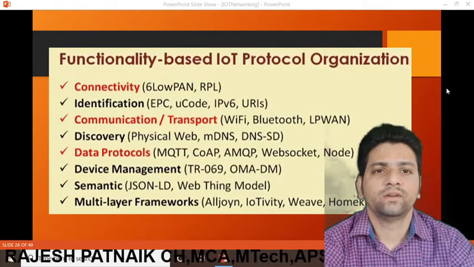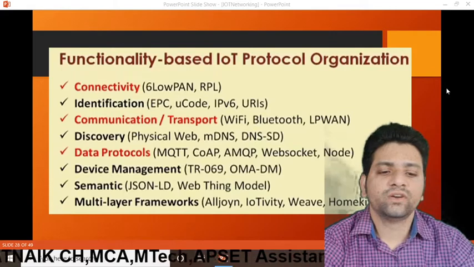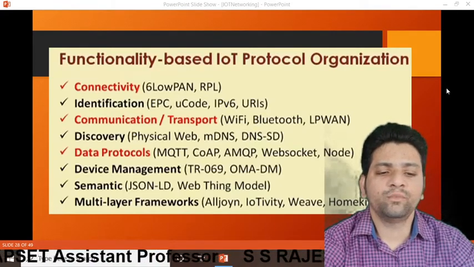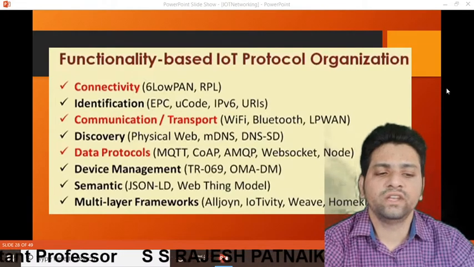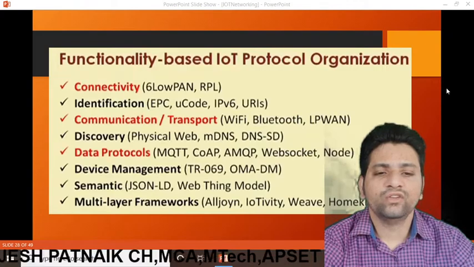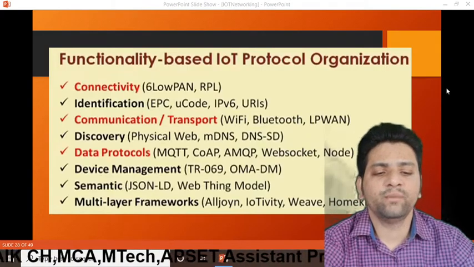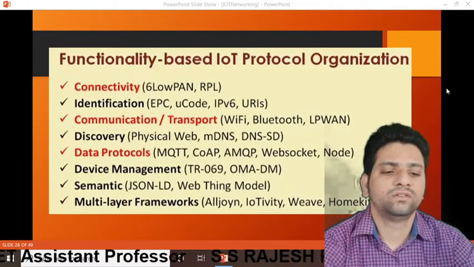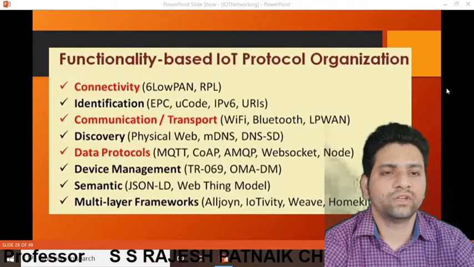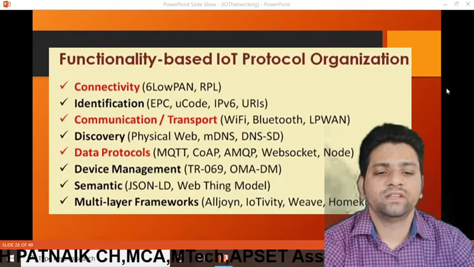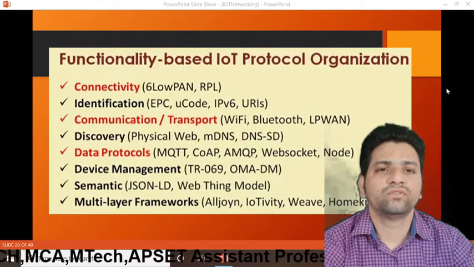We already know that. Next, we have Bluetooth. Bluetooth is a communication technology, a wireless technology standard used for exchanging data between fixed and mobile devices over short distances. We know that. So that is regarding the communication protocols.